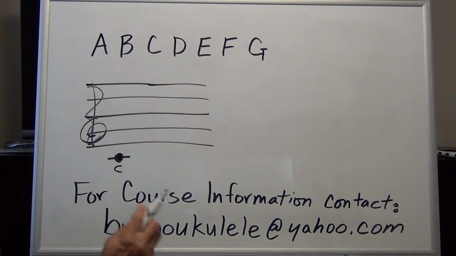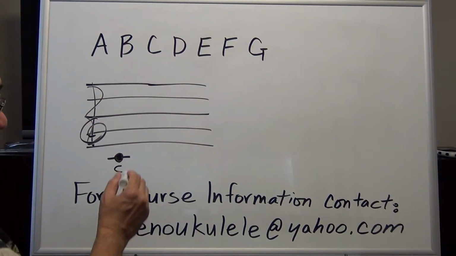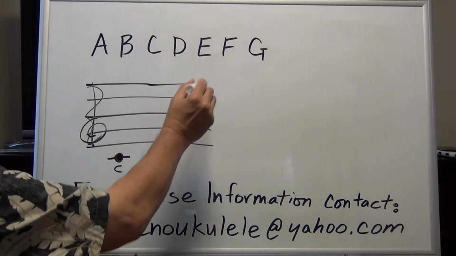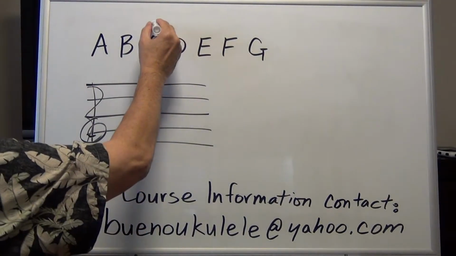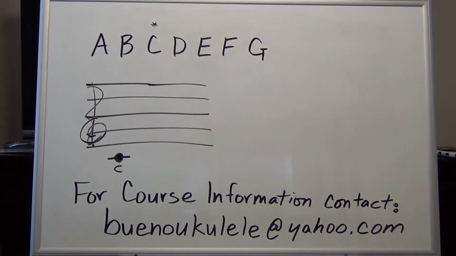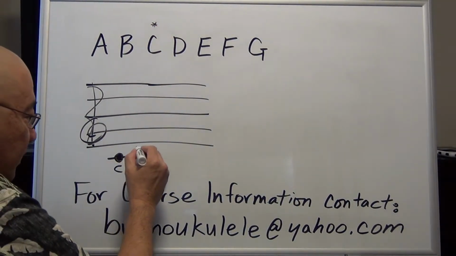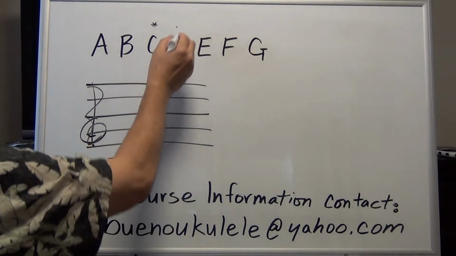So if we're using the same concept that I just taught you, and we went up the musical staff over here, using this same pattern, so we're right here right now. That's where we're at. The C is right here. What do you think the next note is going to be? Okay, if you're following the same pattern, what the next note is going to be? Well, it's going to be a D.